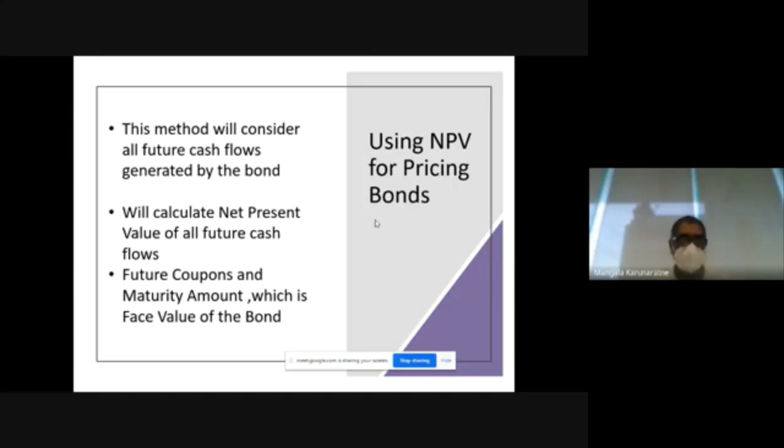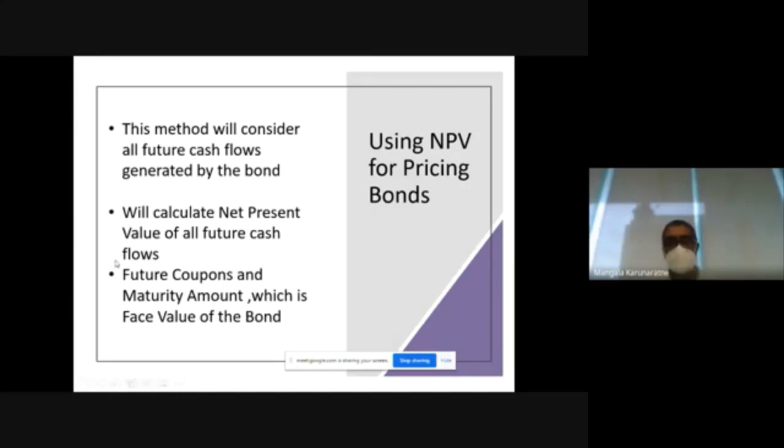That is the principal amount you will be getting at maturity, along with the last coupon.